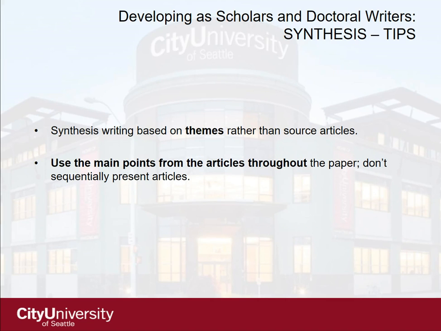Now there's some tips on synthesis. Synthesis writing should be based on themes rather than the source articles. So in other words, just don't say the article did this and article 2 did this, and so here's the combination of article. Think about the themes that are common to both and then combine those themes. Use the main points from the article. Don't just sequentially present the articles. This we see a lot of in dissertation writing, is that you want to extract the main point that's thematic throughout.